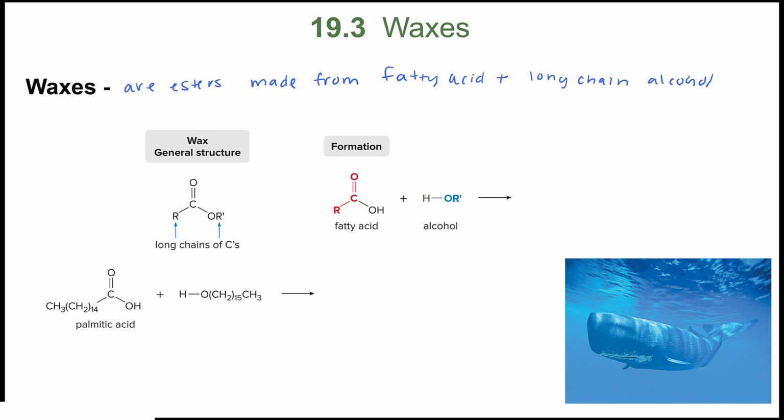So if we're doing this wax here, you find your water when we go to form esters. And then you form it to this OR prime, which makes the ester or wax. And in actual structures, you still find your water, but now we just have a longer carbon. So you can either draw this out or you can leave it in the condensed form.